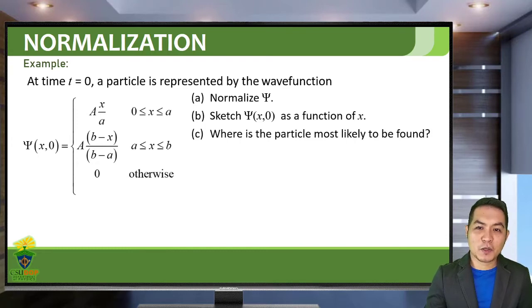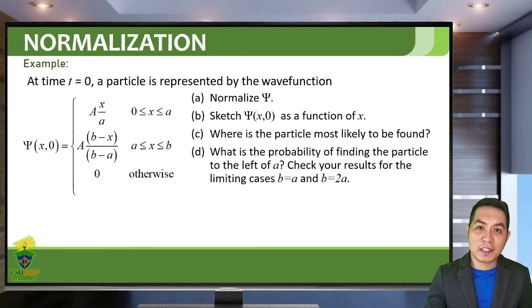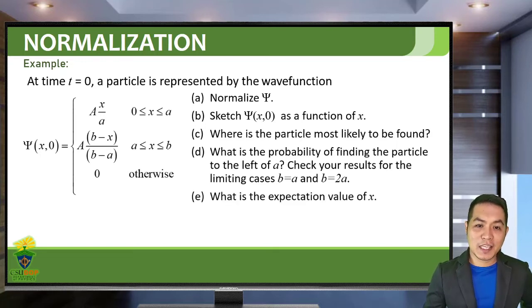Where is the particle most likely to be found? What's the probability of finding the particle to the left of a? Check your results for the limiting cases b equals a and b equals 2a. And lastly, what is the expectation value of x, or the average value of x?